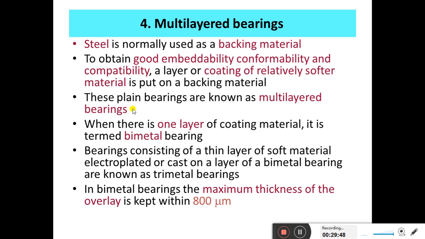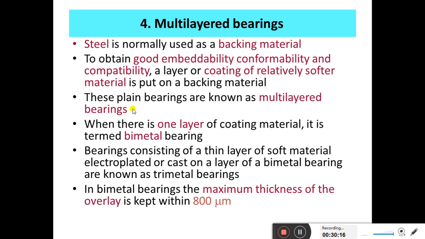Same concept we are using here. One primary metal is like a wall, and like a paint we are going to coat the other metal. This coating material will provide the necessary properties of a bearing material.